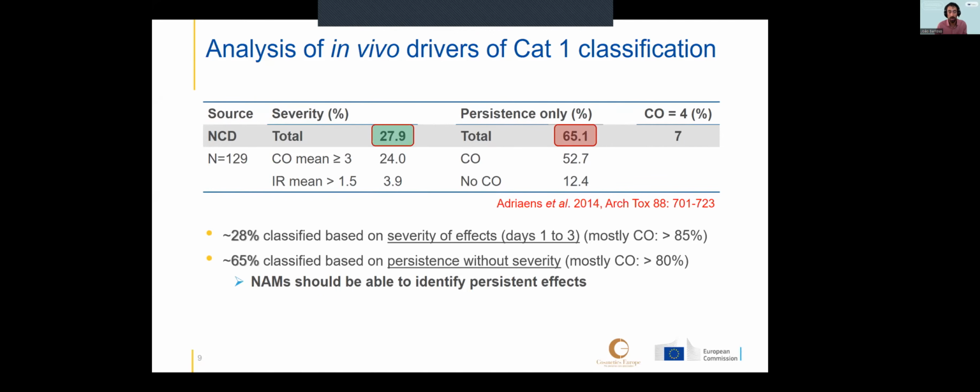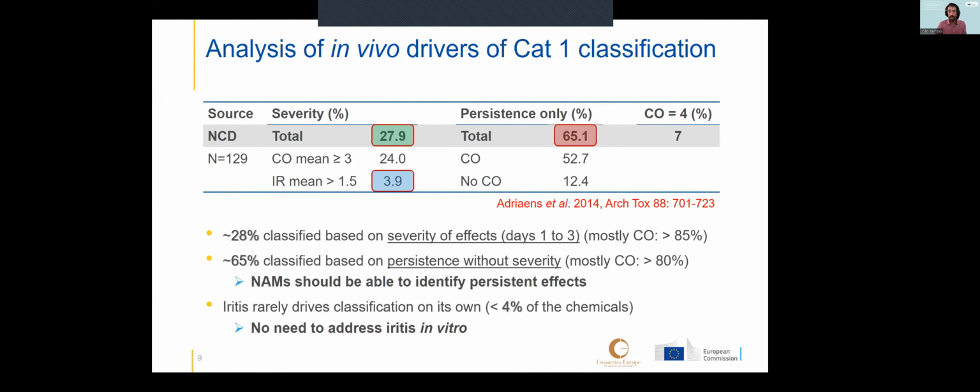And again, corneal opacity is the main endpoint driving classification. So this means that NAMs should be able to identify persistent effects. Iritis, on the other hand, rarely drives classification on its own. It's for less than 4% of the chemicals. So there is no need really to address this endpoint in vitro.